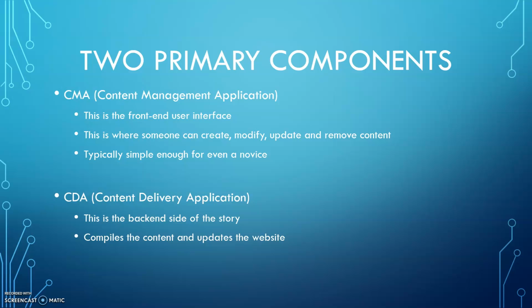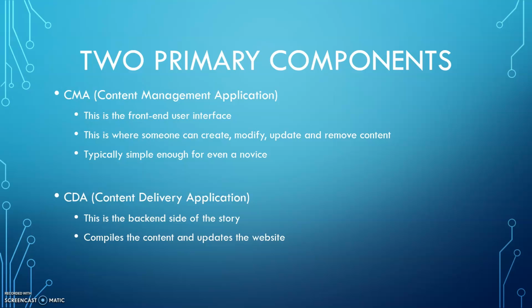This is where you'll be creating, modifying, updating, adding content, removing content, and making the website essentially what you want. Generally, they are pretty simple. When I went back into Wix, it had been about 5 or 6 years since I had really approached it, and as much as I'm not fluent, it was pretty easy to pick up.